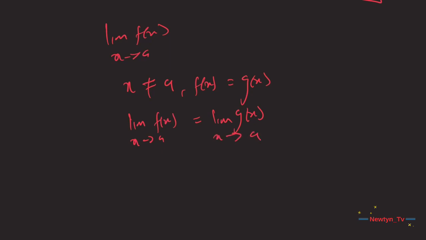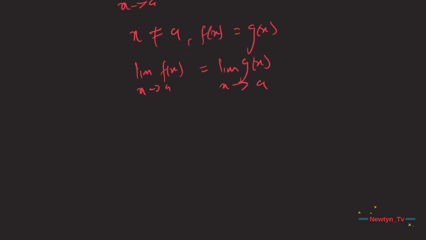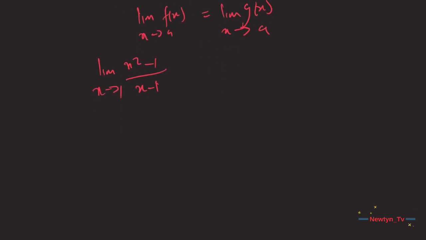Okay, so to understand this idea better, let's consider this example. We have the limit of x squared minus 1 over x minus 1 as x approaches 1. Now the function becomes f of x equal to x squared minus 1 over x minus 1.